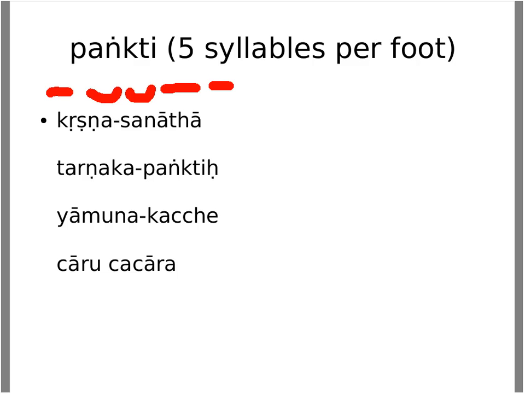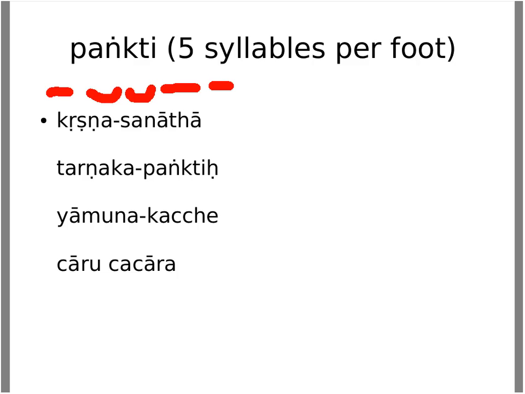Krishna Sanata Tarnaka Pankti Yamunakache Charuchachara. So do you see how elegant that is? Every single line is following the same rhythm. So when the poet is constrained to write something this way, they have to really use a mastery of Sanskrit grammar and expression to make everything reinforce each other.